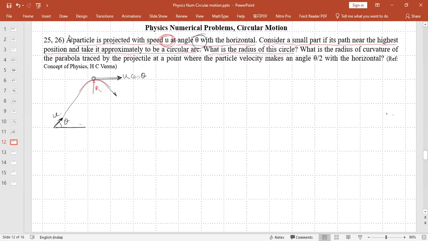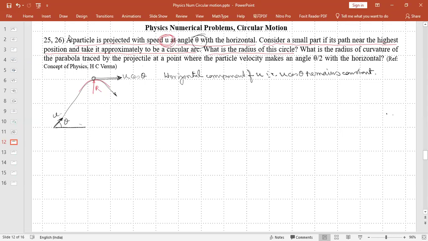So the horizontal component, u cos theta, remains constant all through its flight.